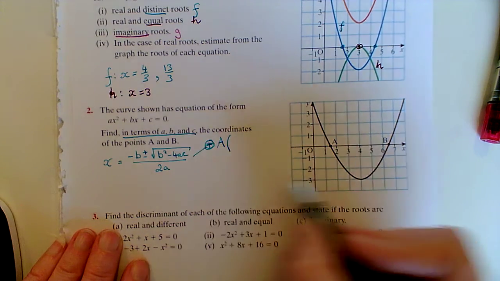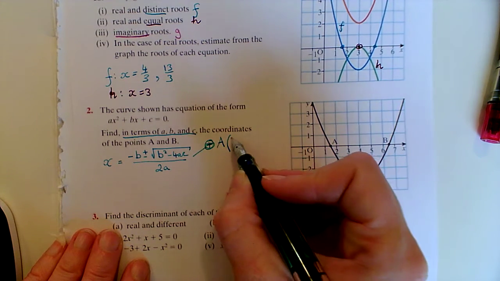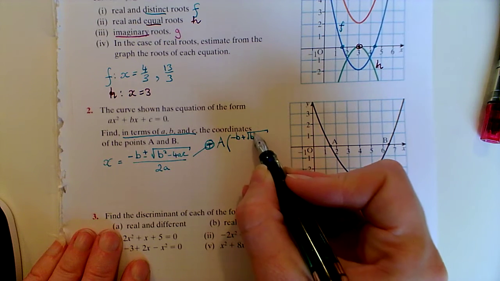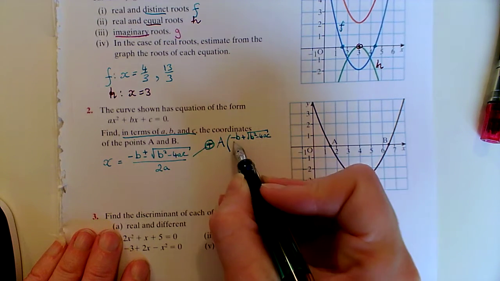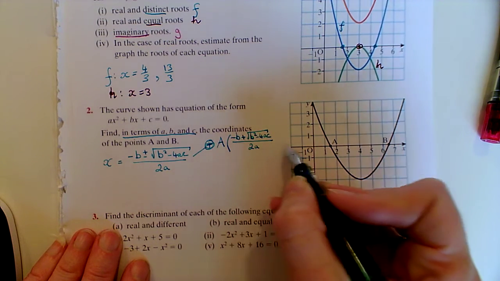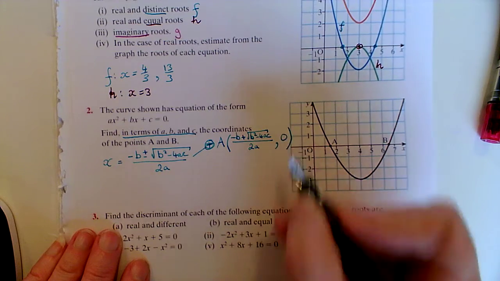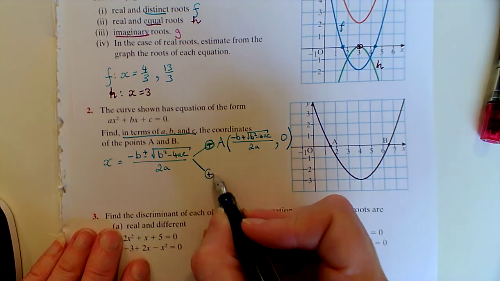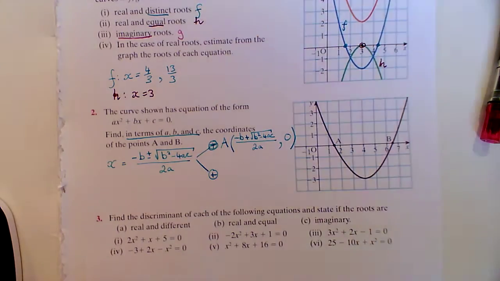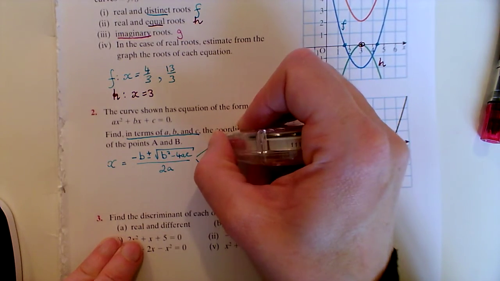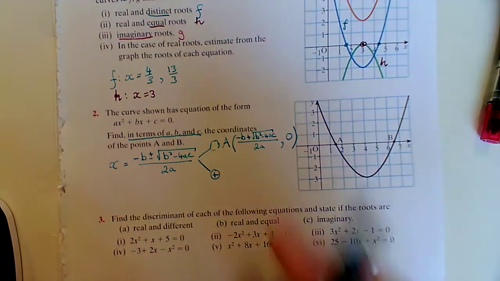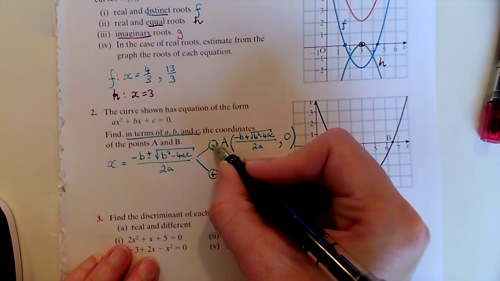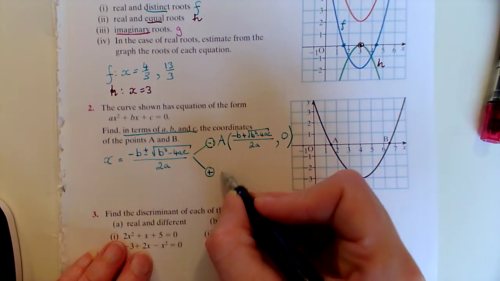So the point A will have x equal to minus b plus the square root of b squared minus 4ac all over 2a, and the y value will be 0. And the point B is given for the plus value. B has the bigger value, so it's going to be the plus value.